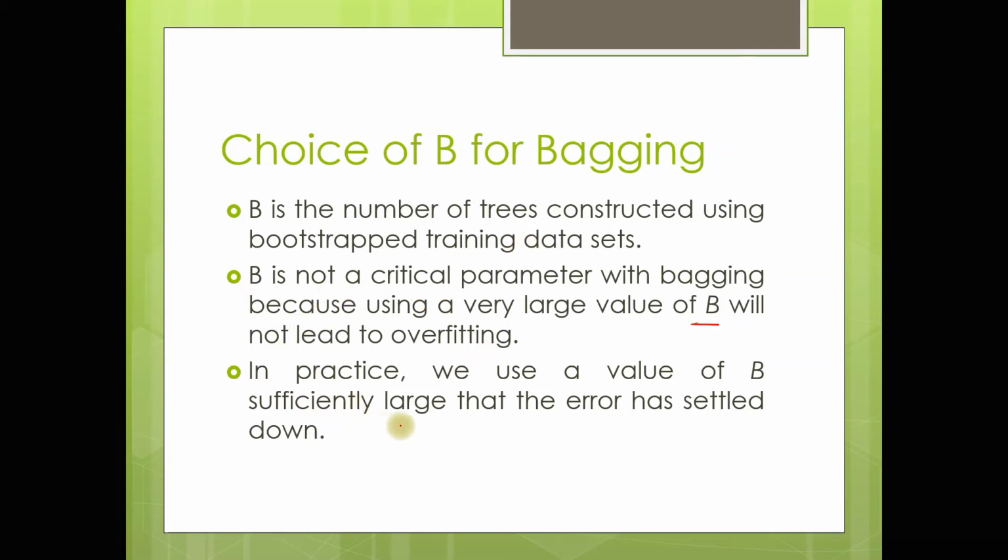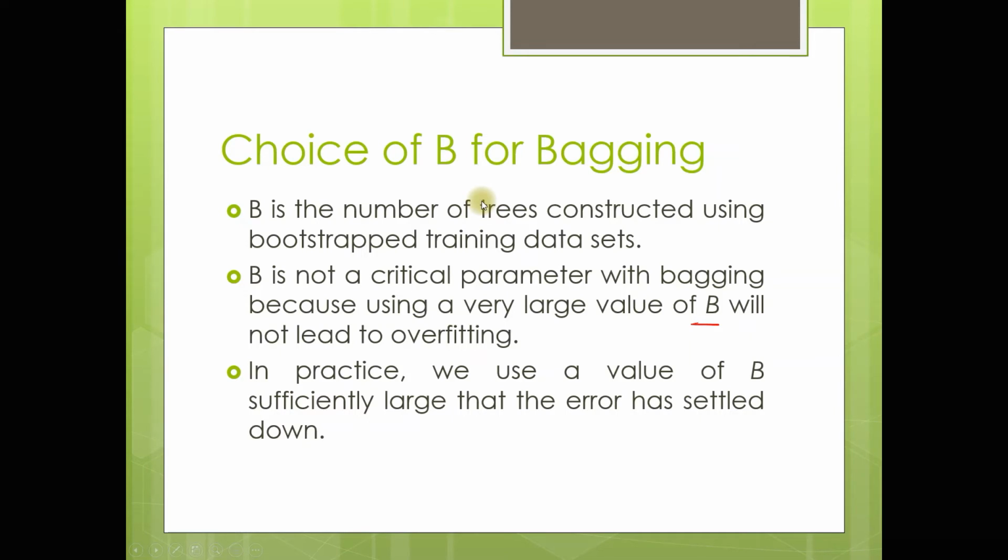Because when you take a sufficiently large value of B, the errors will generally settle down. What I mean by that is that the results tend to converge when you take a sufficiently large number of bootstrapped samples. So the idea is to take a large value as far as possible.